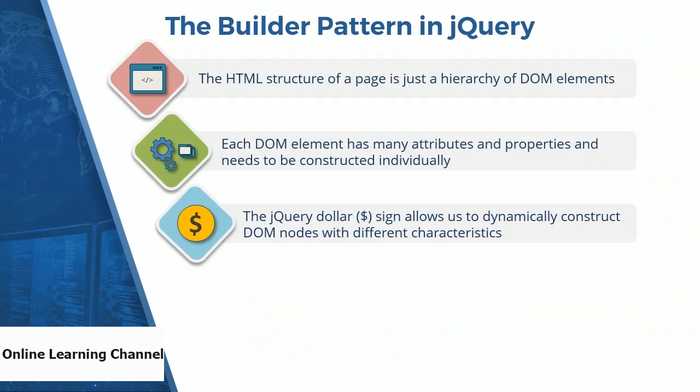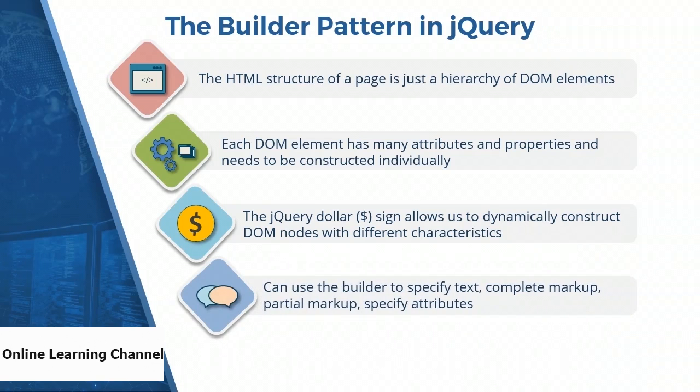Once your DOM element has been constructed, you can use a chain of method invocation, that is the builder, to specify the text contained within that DOM element. You can specify the text in the form of simple strings or complete markup. You can also specify partial markup. You can specify attributes such as the href attributes, any CSS classes that you want to apply on this element, any handlers that you want to wire up to this element, and so on.